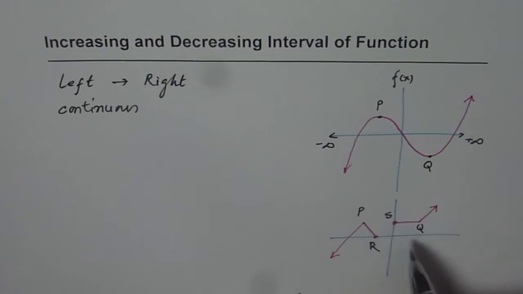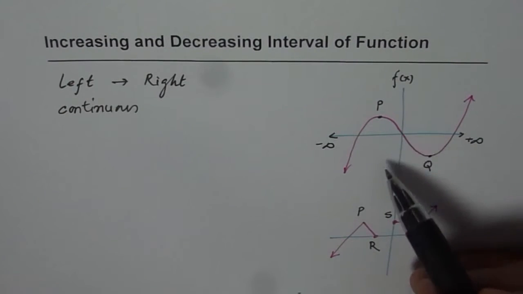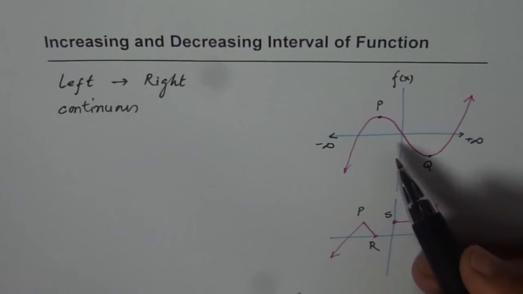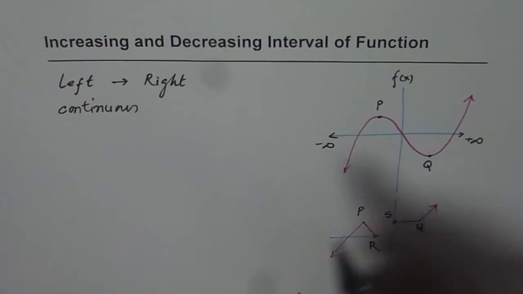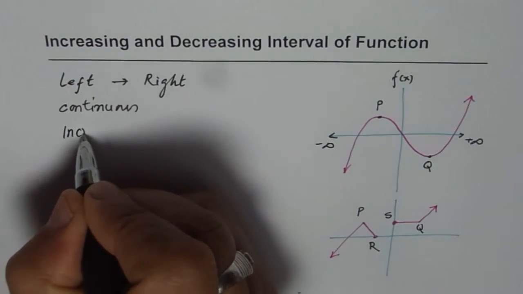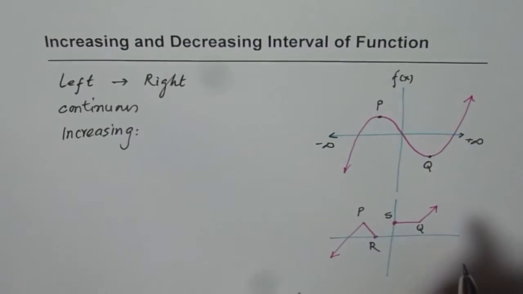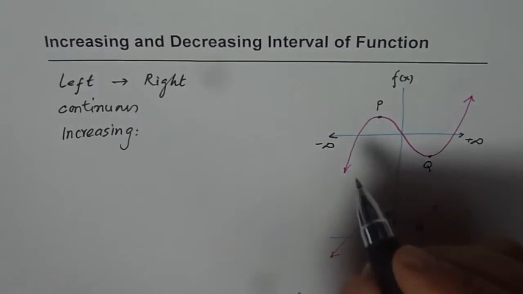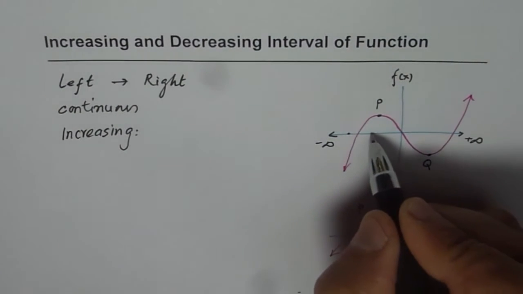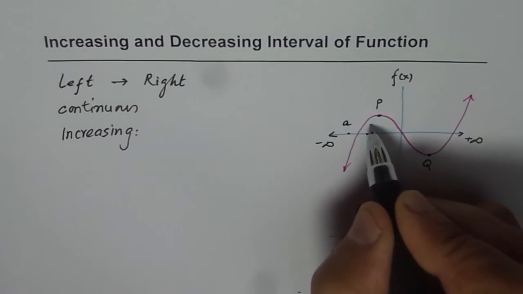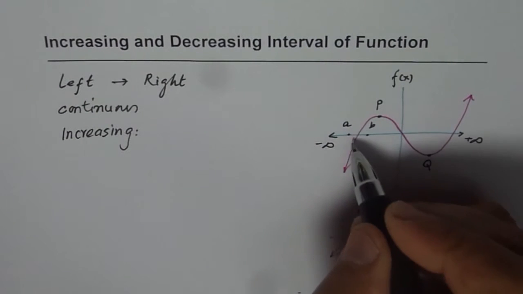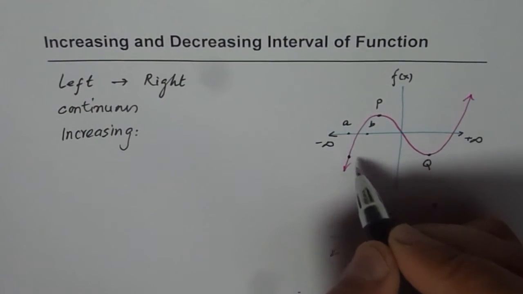Now, let's review both these functions. For the first function, let us find the interval when the function is increasing. Now when we say increasing, it means what? Increasing means if I take any 2 points, let us say my points are A and B. So at A, the value of the function is f(a).